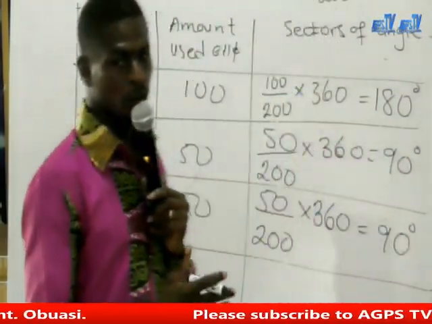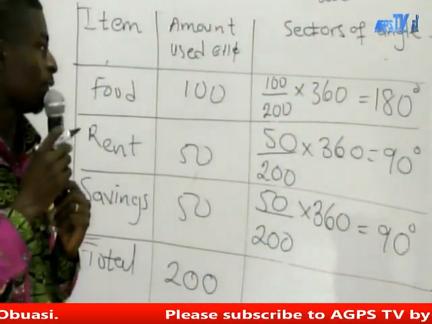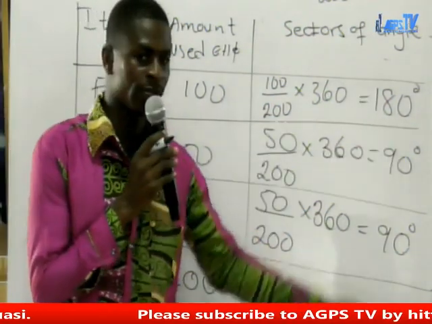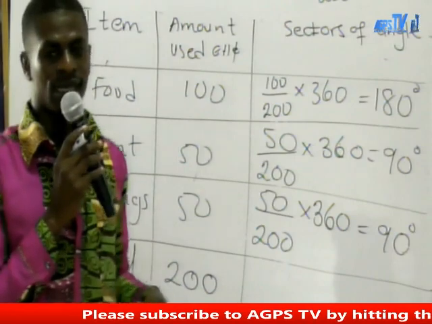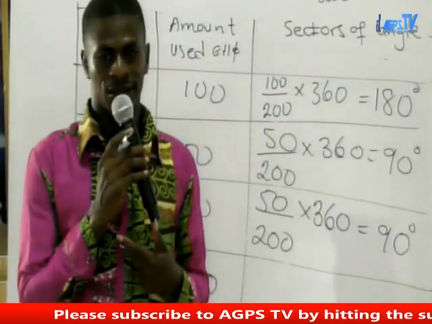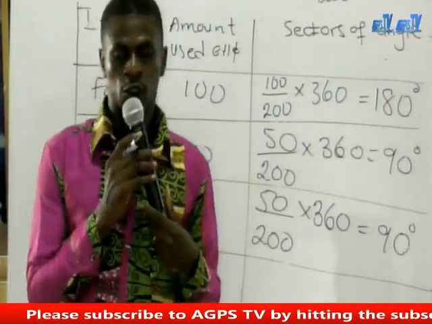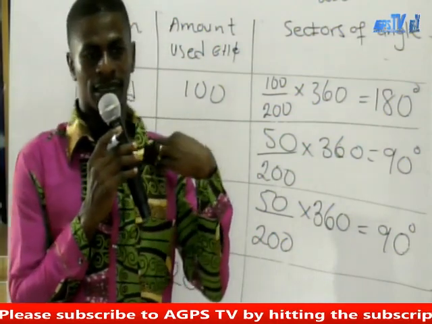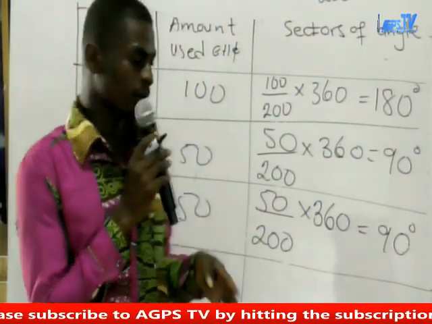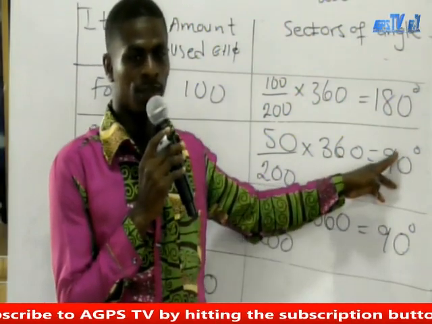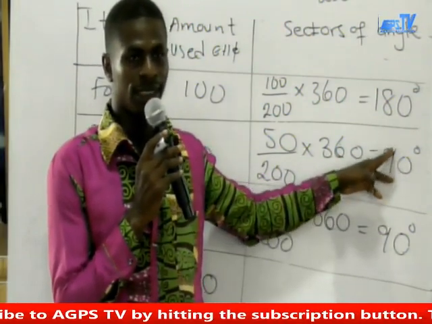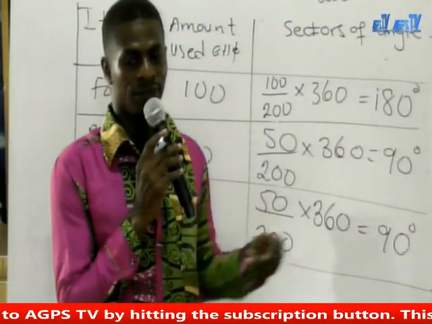Once again, to be sure, tally your total sectors of angle and make sure that they are indeed 360. If you do that, then you are sure that your sectors of angle are right. So you have 90 plus 90 is 180, and 180 plus 180 is 360.